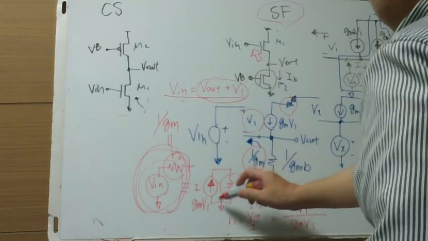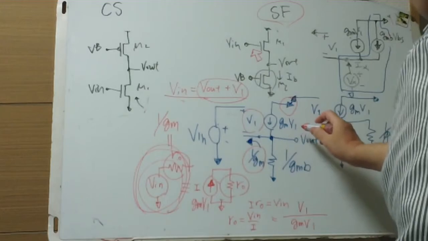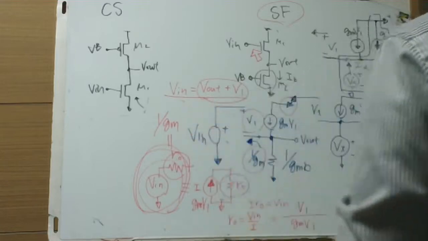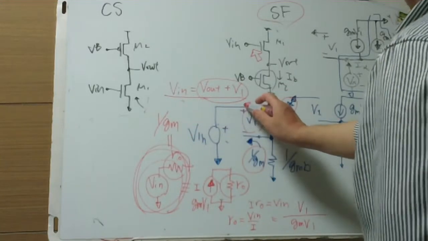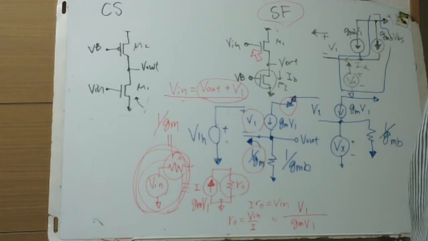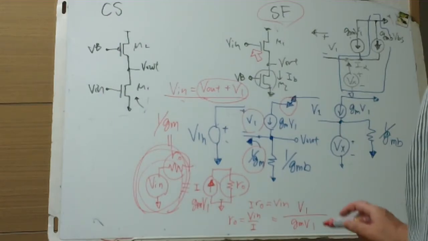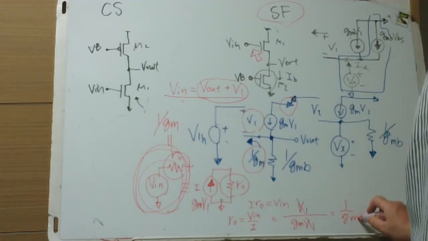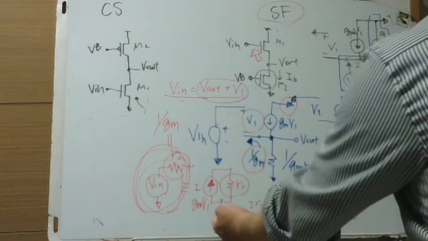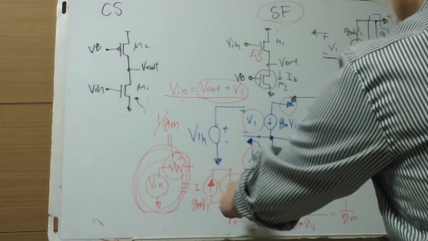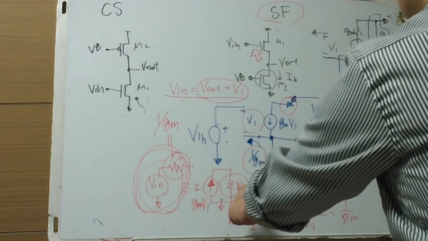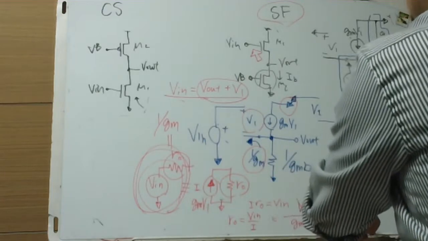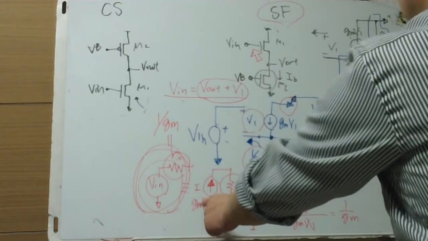This current is GmV1. Okay, and this is V in from ground to this gate node. And if this is V1, R0 equals 1 over Gm, and GmV1 in parallel with 1 over Gm, and multiplying 1 over Gm times GmV1 equals V1.